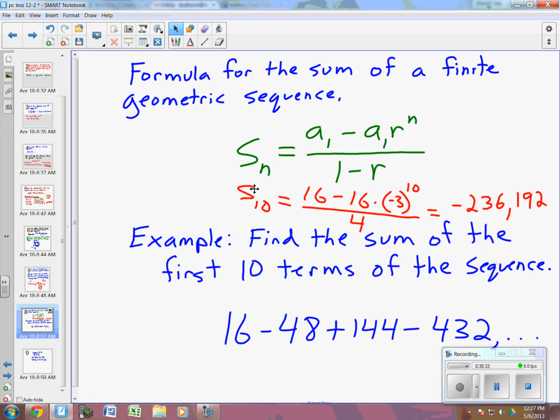I'm going to put parentheses in just to make sure. All divided by 4. Negative 236,192. That's the correct answer. Okay.